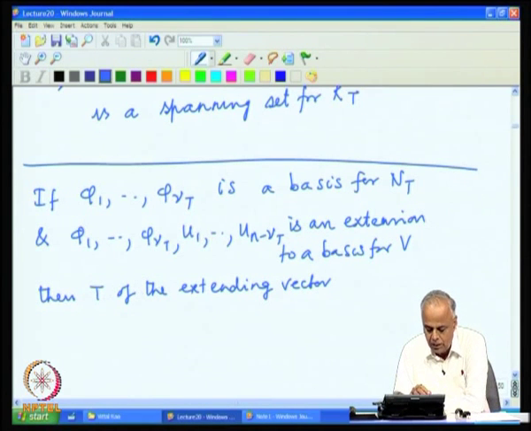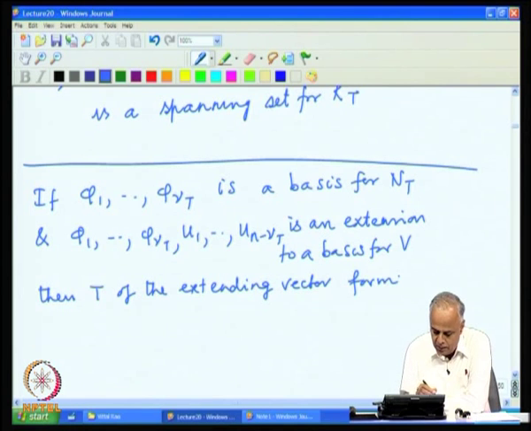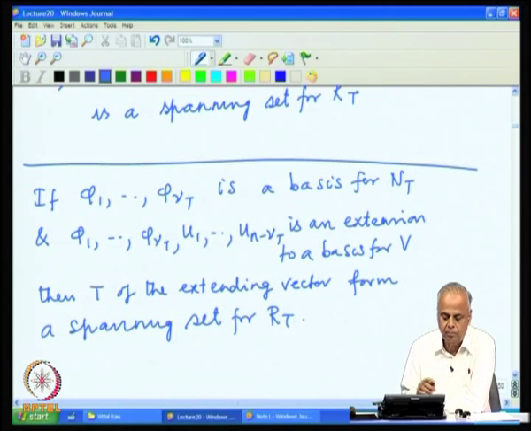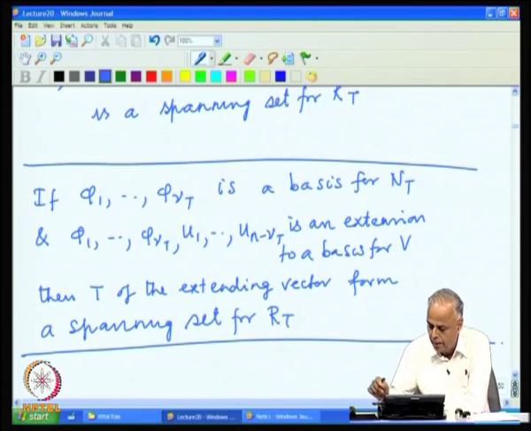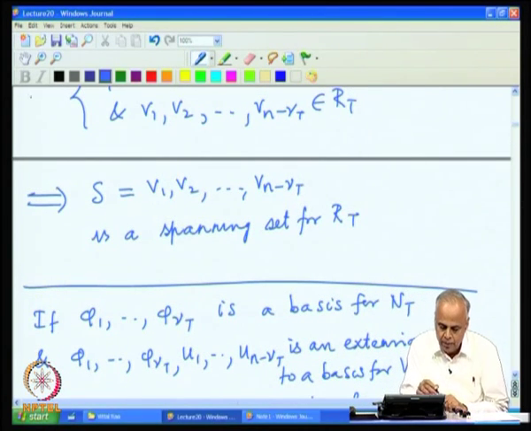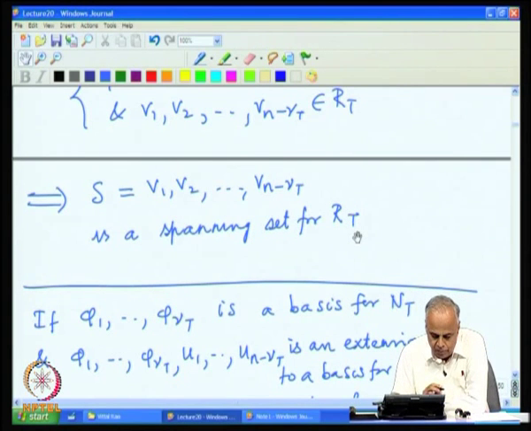These are the extending vectors. If you take T of them, you get v 1, v 2, v n minus nu(T). They form a spanning set for range of T. This is what we have.